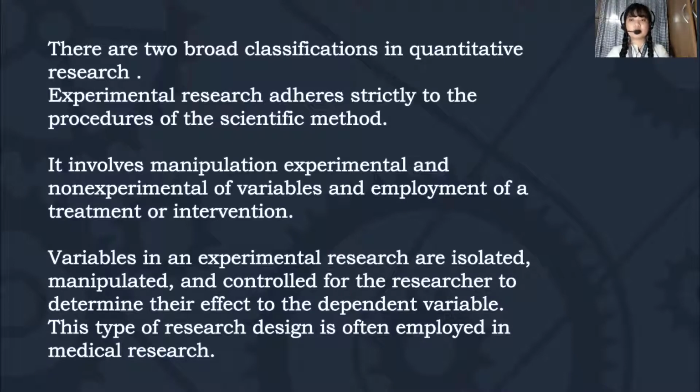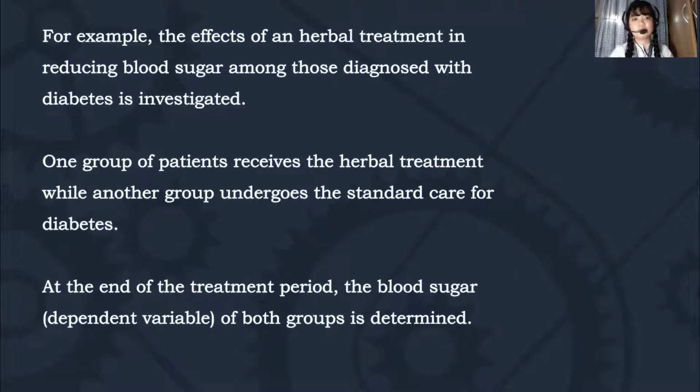And the result of the dependent variable is what you're going to determine and record. I'll give you an example of a manipulation of the independent variable that will affect the dependent variable. For example, the effect of an herbal treatment in reducing blood sugar among those diagnosed with diabetes is investigated.